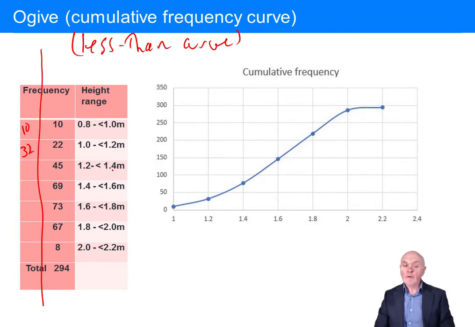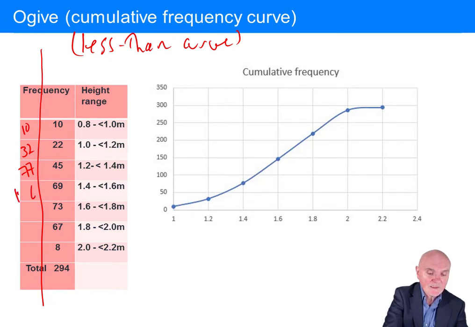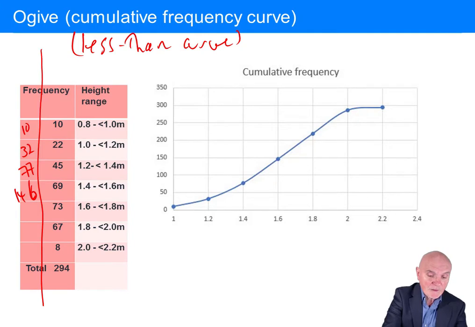Less than 1.4 meters, you have 45 plus 32 in there. It's going to be 77. And so on up. Less than 1.6 meters, you're going to be adding 69 onto that, so that is going to be 146, I think. It'll be interesting to see if I end up with the right total down here. And the cumulative one for the next one is going to be 219.